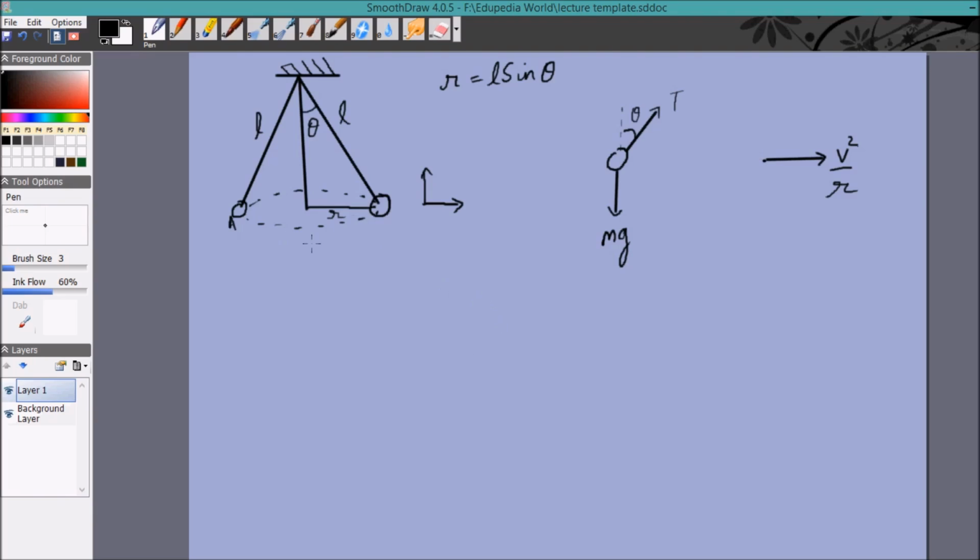And in the vertical direction, there is no motion, since the motion is occurring in the horizontal plane. So the acceleration in the vertical direction is 0 as well. Writing the equation for the vertical direction, I get T cos theta minus mg equals 0.